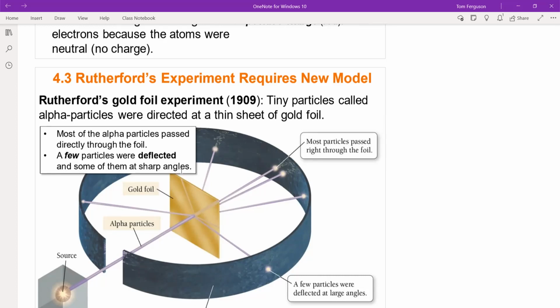Remember, the plum pudding model has negatively charged electrons inside. So what Rutherford wanted to do was, if I shot an atomic bullet through that, it should go right under, or one or the other.